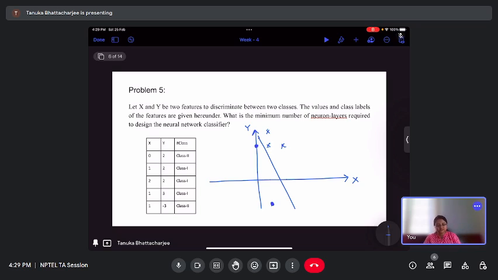So that is the correct answer. This is linearly separable. So one neuron layer needed.